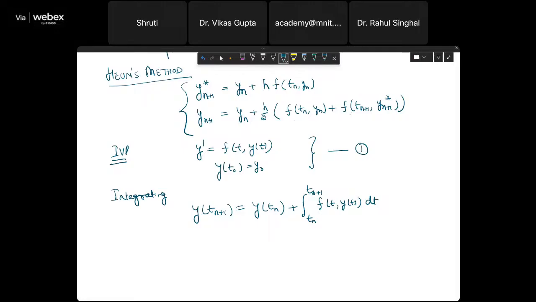So as the interpolating polynomial of degree k minus 1 we are taking for the f function. So f(t, y(t)) we are approximating by an interpolating polynomial of degree, say, k minus 1.